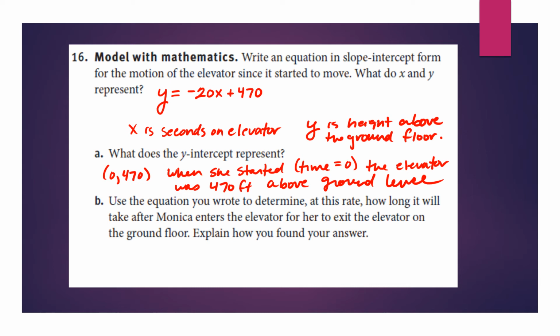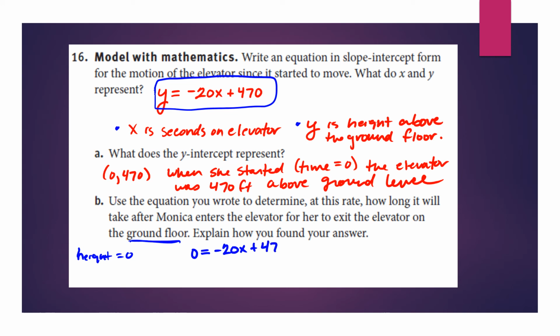So hopefully you realized that we want to find out when she's on the ground floor, what's her height going to be? So on the ground floor, the height above the ground floor will be 0. We talked about which thing represents the height above the ground. Is that y or is that x? That's y. So if we want to find out how long till she hits the ground level, we're going to say her height's going to be 0, and we have to figure out what x is.